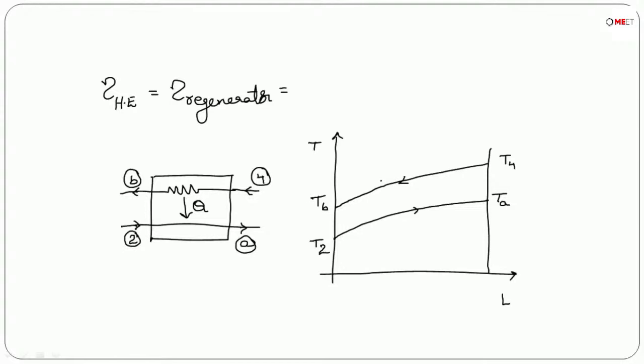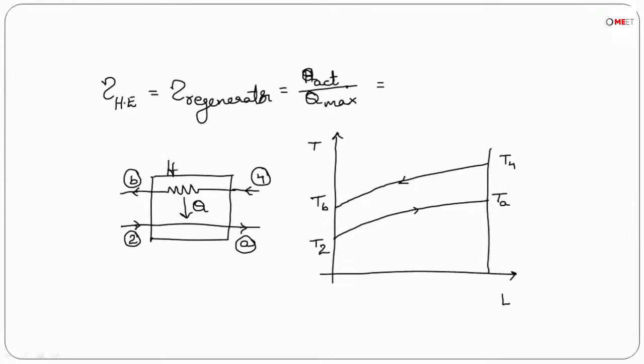Now the efficiency of the regenerator, or efficiency of the heat exchanger, will be the actual heat transfer to the maximum possible heat transfer. Q actual by Q max will give us the efficiency of the heat exchanger. The actual heat transfer will be heat lost by the hot fluid or heat gained by the cold fluid.